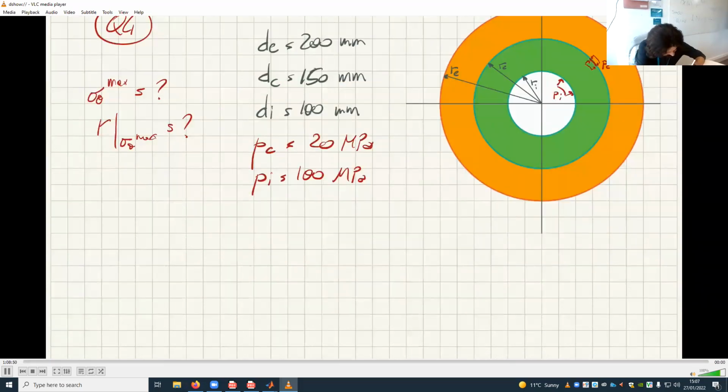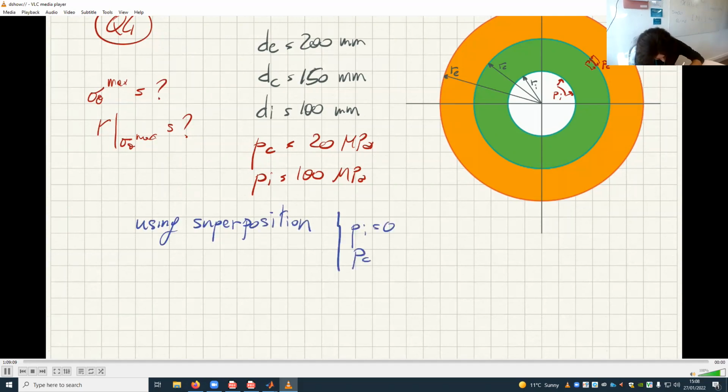So using superposition, we study PI equals 0 and PC different from 0, plus a condition for which PI is non-zero and PC is 0. So these are the two conditions that we solve. This is condition 1.